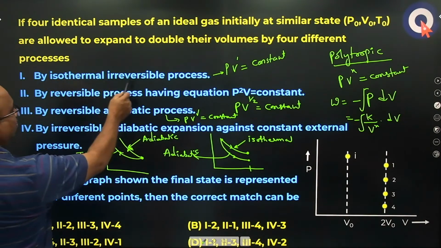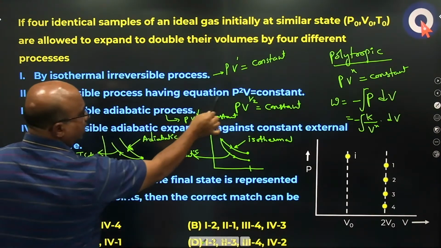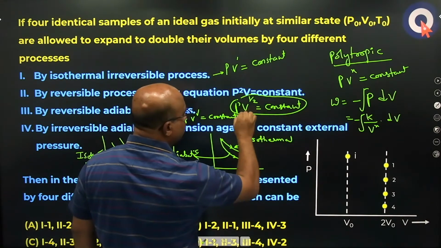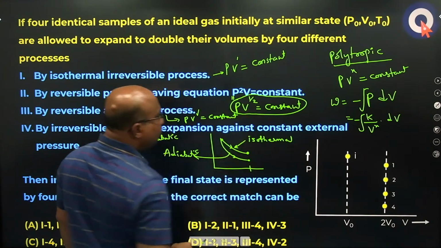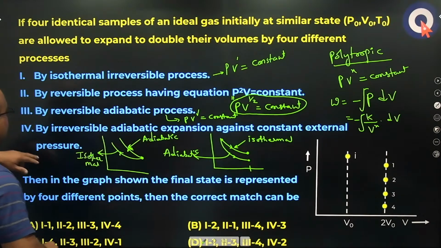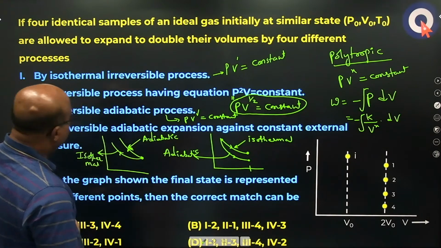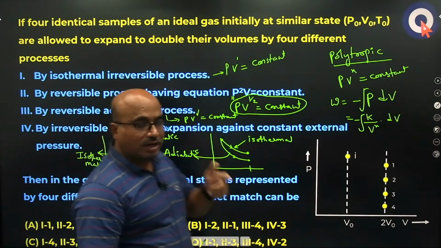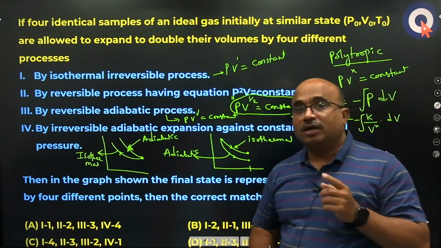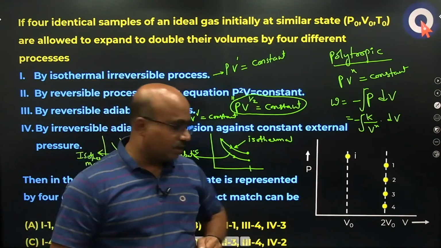This is the isothermal reversible first process. The second process is reversible, PV, P square into V, which is nothing but this one also. So both are one and the same here. This is the reversible adiabatic process. By reversible adiabatic expansion, as just defined, adiabatic irreversible work is lesser than adiabatic reversible work.